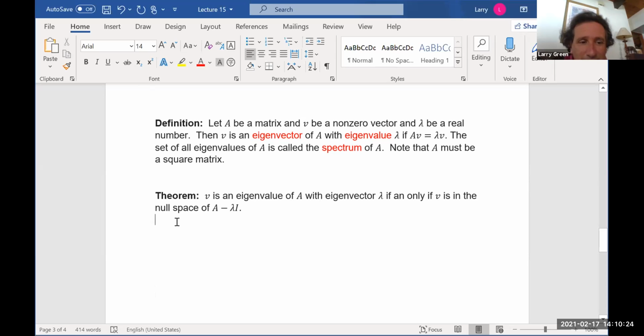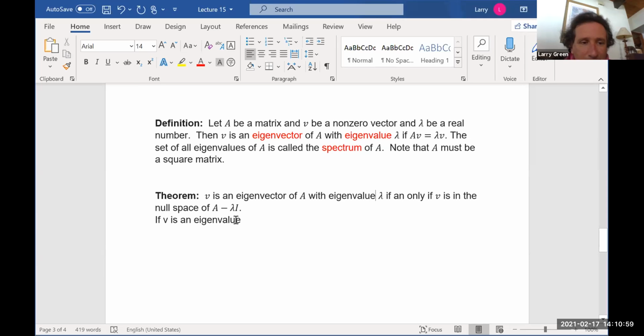Okay, so maybe I'll start you off. Well, we have to say, let's suppose we have an eigenvalue, V with eigenvector lambda. So what does that mean? Oh, you know what? I have this backwards. So V is the eigenvector. V is a vector, and lambda is a value.